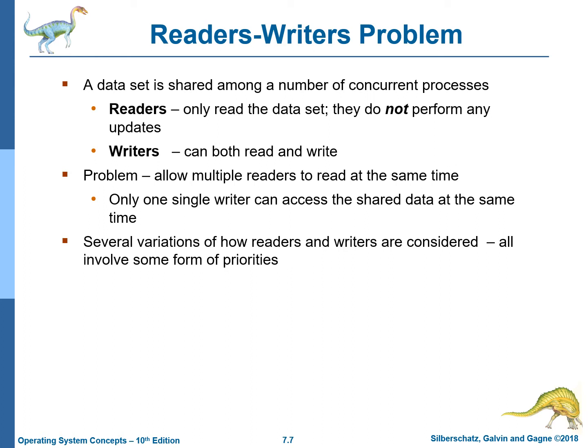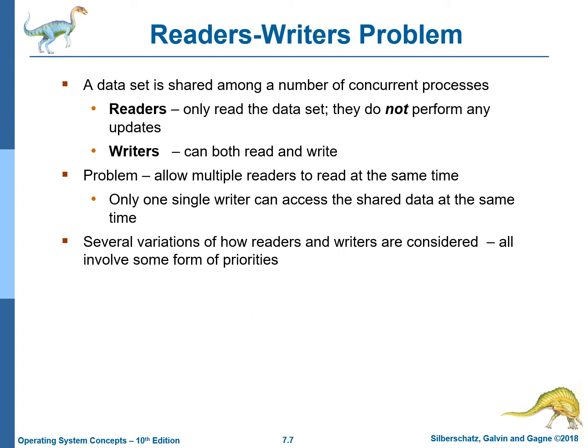The semaphore mutex is common to both reader and writer. The mutex semaphore is used to ensure mutual exclusion when the variable read count is updated. The semaphore mutex also functions as a mutual exclusion semaphore for the writers. It is also used by the first or last reader that enters or exits the critical section.